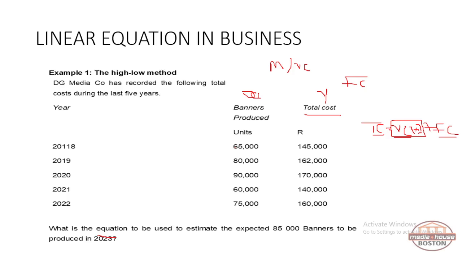Once you identify the lowest and the highest, the second step is for you to pick up their cost. For 2021, which is the lowest, its total cost is 140,000, and for 2020, which is the highest, its total cost is 170,000.